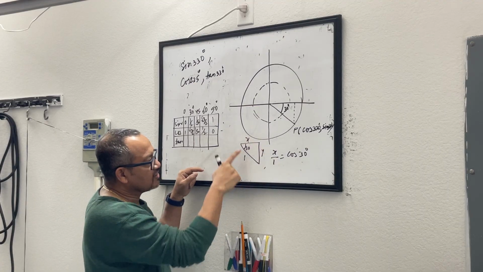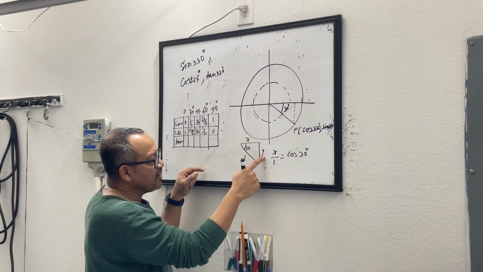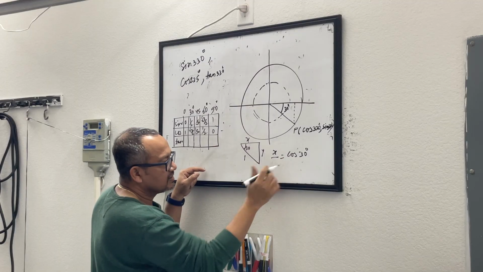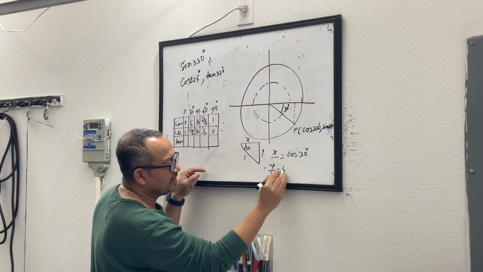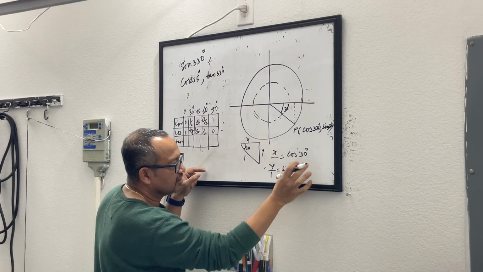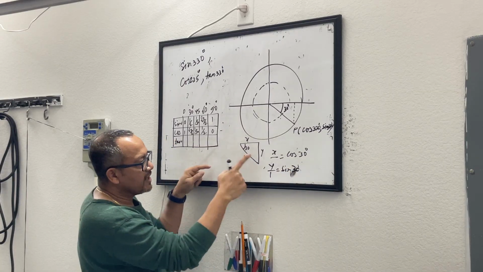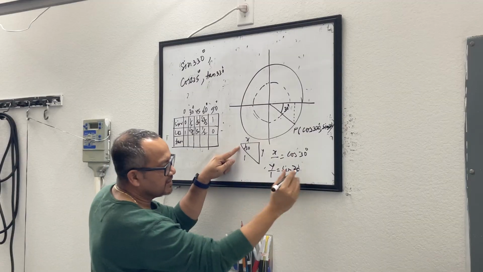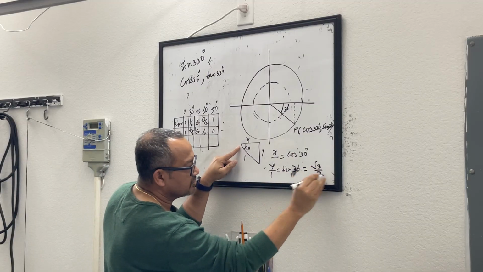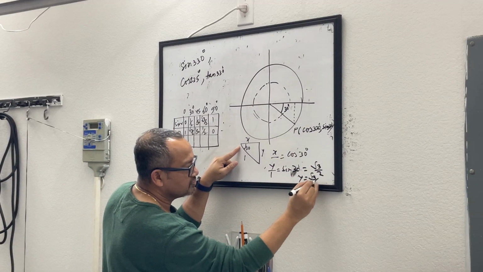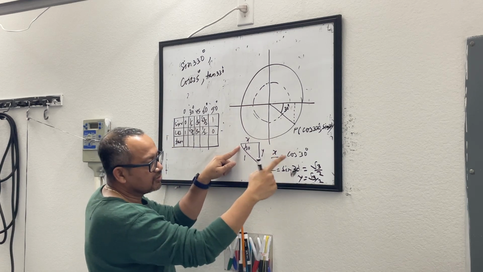X over 1 is cos of 30 degree, y over 1 is sine of 30 degree. So y over 1 equal to sine of 30 degree. Sine 30 degree we know is root 3 by 2. So y is equal to root 3 by 2. X is equal to cos of 30 degree.